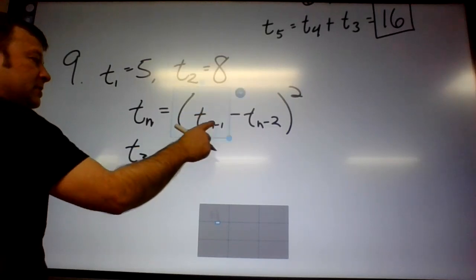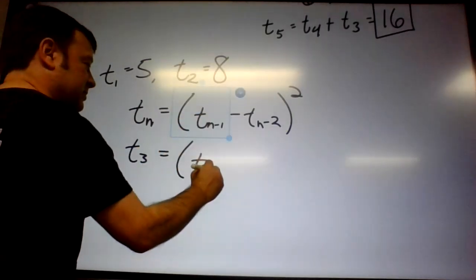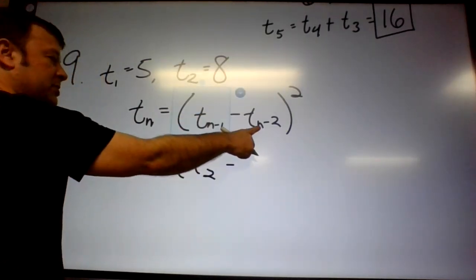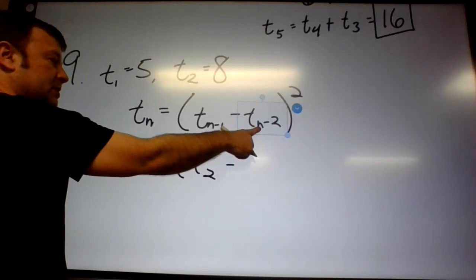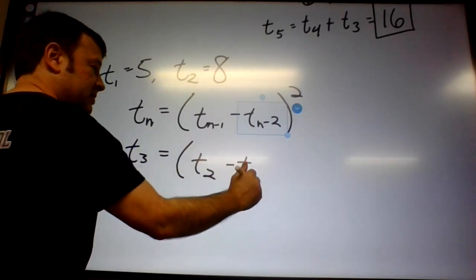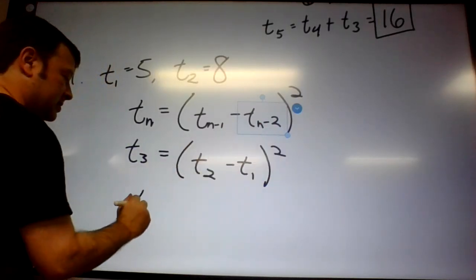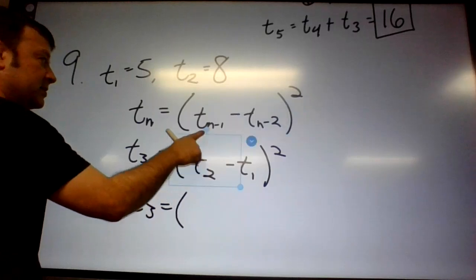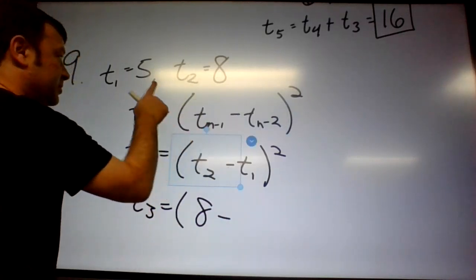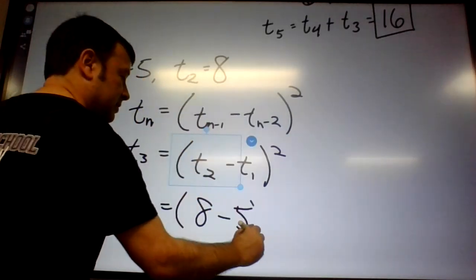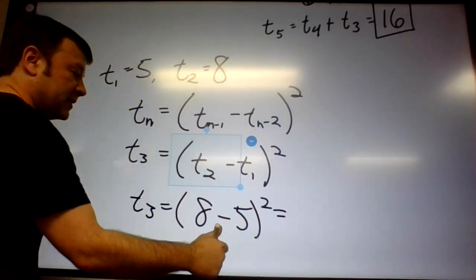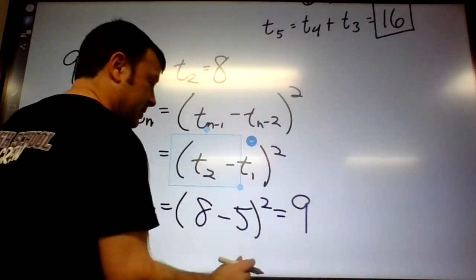Here, we'll do it real slow. Which term would this be? The first term, yes. So then we just plug those in. The second term is 8, the first term is 5. 8 minus 5 is 3, 3 squared is 9.